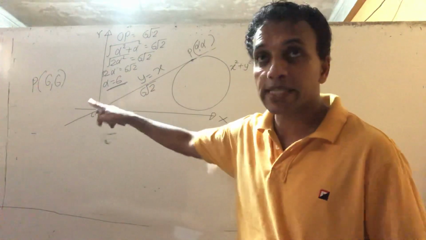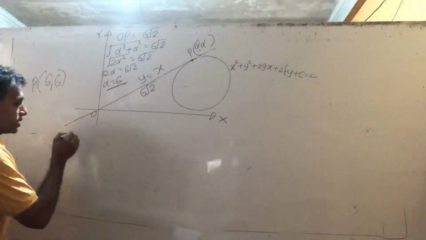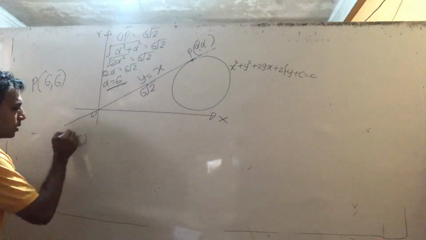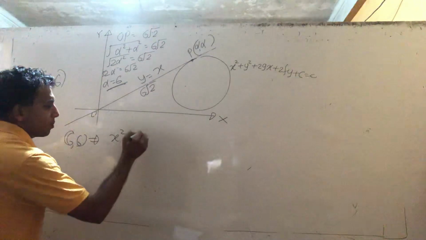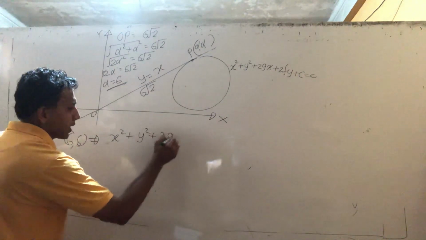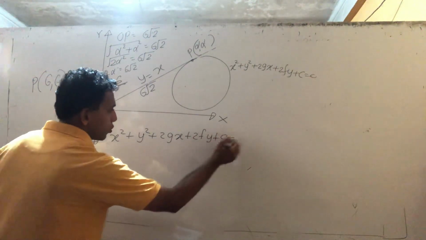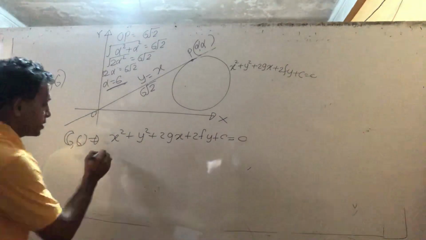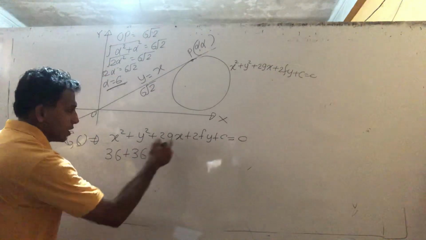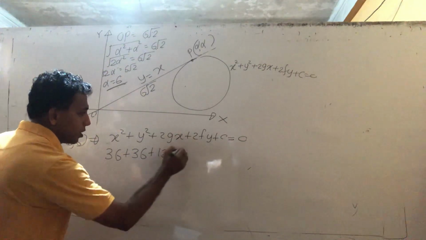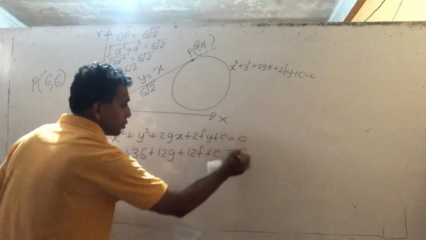Therefore 6 comma 6 satisfies the circle equation x squared plus y squared plus 2gx plus 2fy plus c equals 0. Put x as 6, y as 6: 36 plus 36, 36 plus 12g plus 12f plus c equals 0.